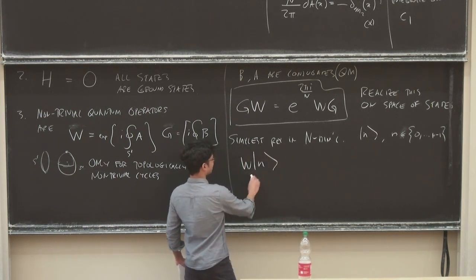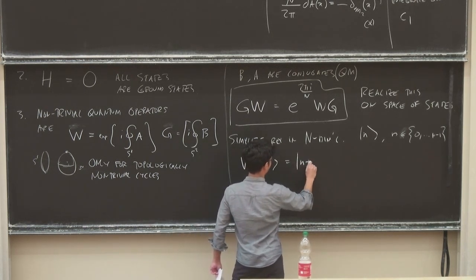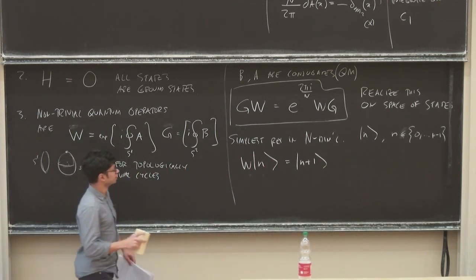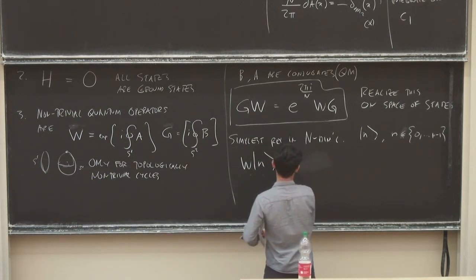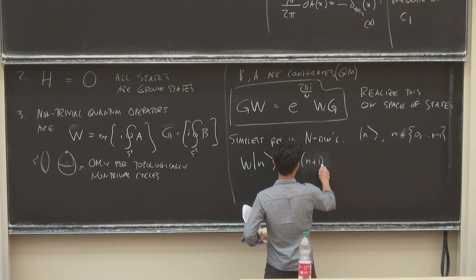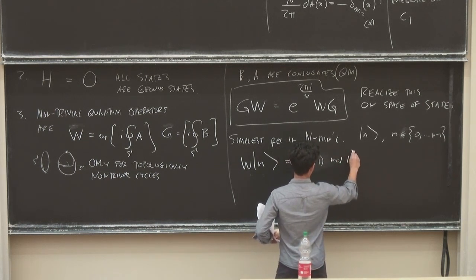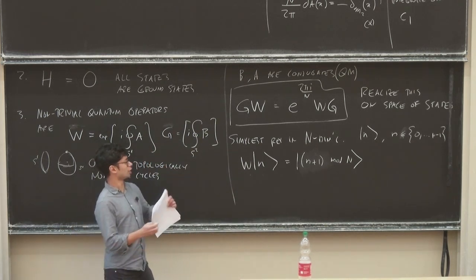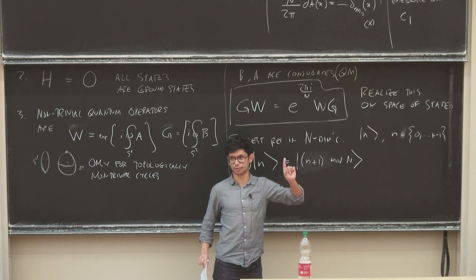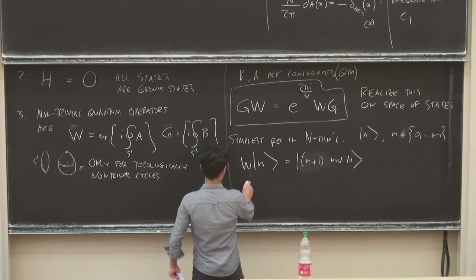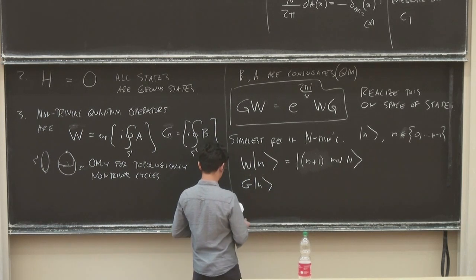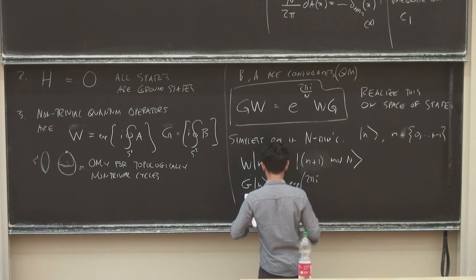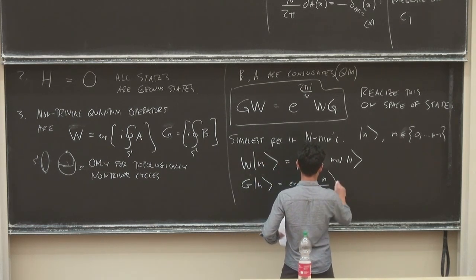W acting on the state n increases little n by 1 mod N. So you go around the clock, and if you go all the way up to capital N, you go back to 0 again. And G acting on n is the exponential of 2 pi i little n over big N acting on the state n.